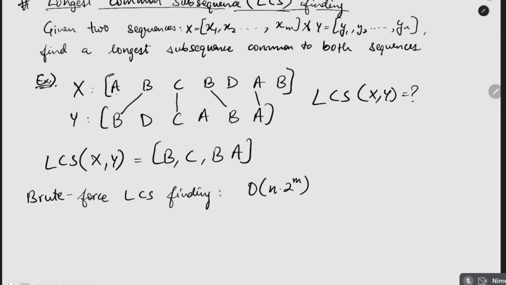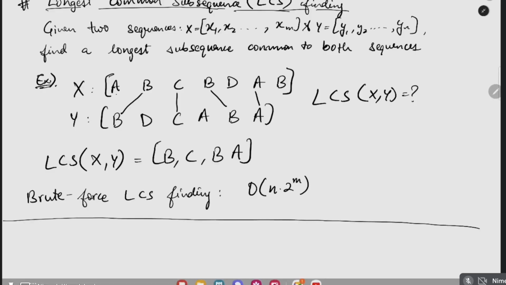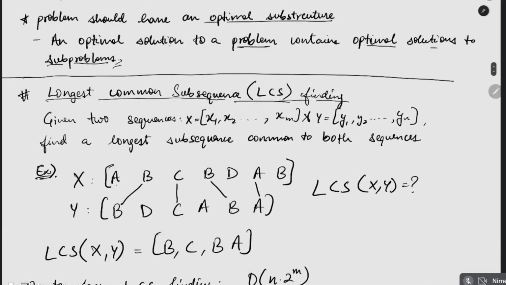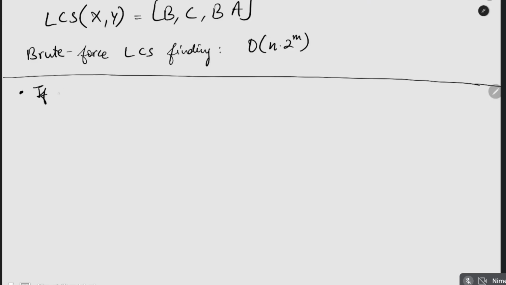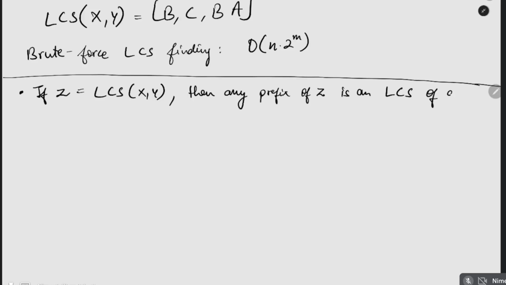If we look at the LCS problem in the same light as we gave the definition of dynamic programming, then it means that if Z is the longest common subsequence of X and Y, then any prefix of Z is a longest common subsequence of some prefix of X and some prefix of Y, right?